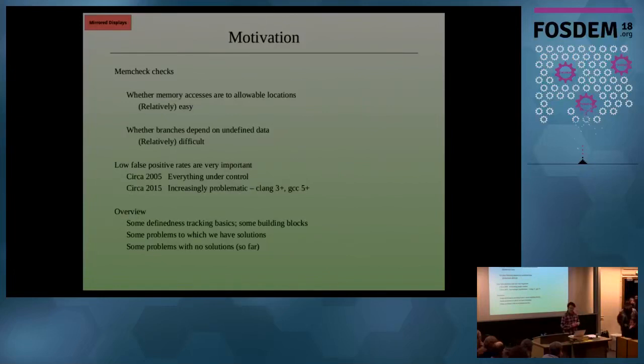But the other thing it does is to check whether branches and some other program constructions, basically addresses, depend on undefined data. That's considerably more difficult because you have to follow undefinedness through the whole program, or through the whole process.